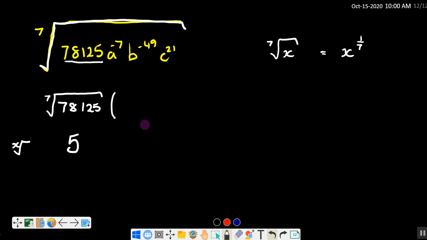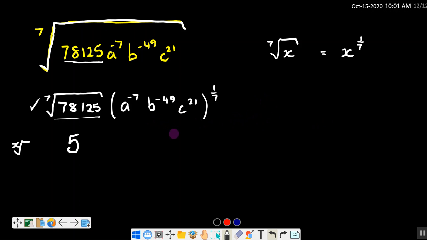So I'm going to rewrite all the rest of it. I'm going to put my brackets, so a to the power of -7, b to the power of -49, c to the power of 21, but with a 1/7. This bit's been done, but the rest of it hasn't. What do you do when you've got a power outside with other powers?